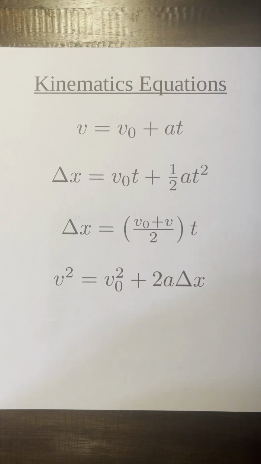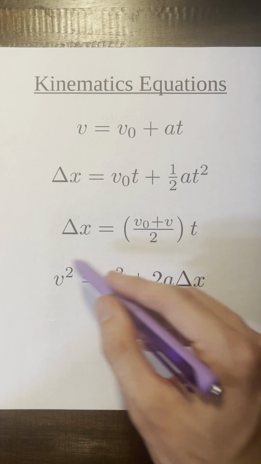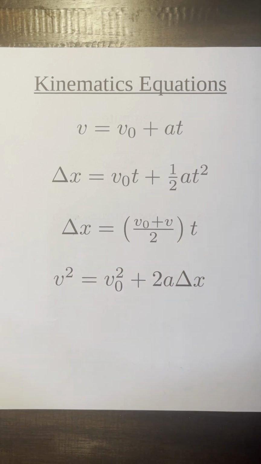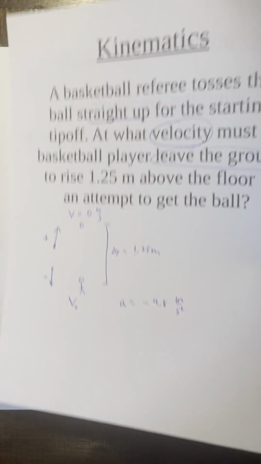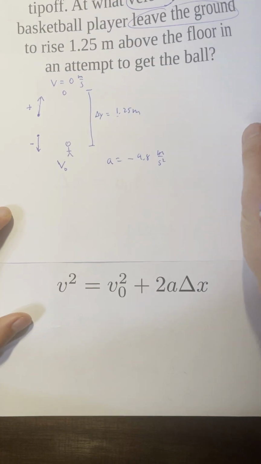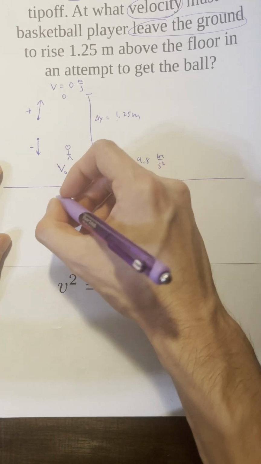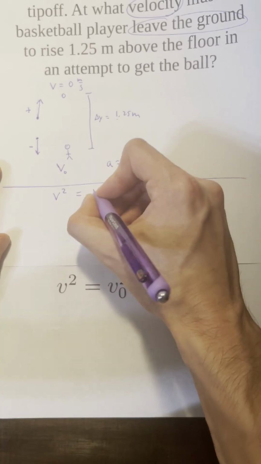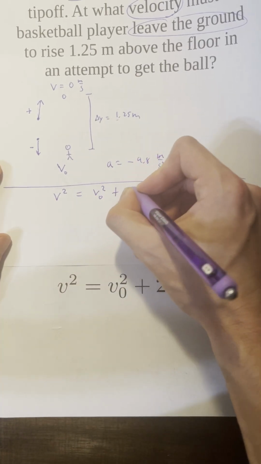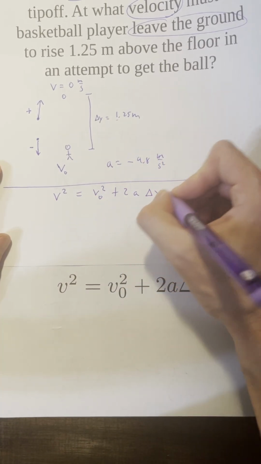So which equation? It's going to be this equation. Okay, so let's go ahead and copy it. Okay, so v squared is equal to v naught squared plus 2a delta y.